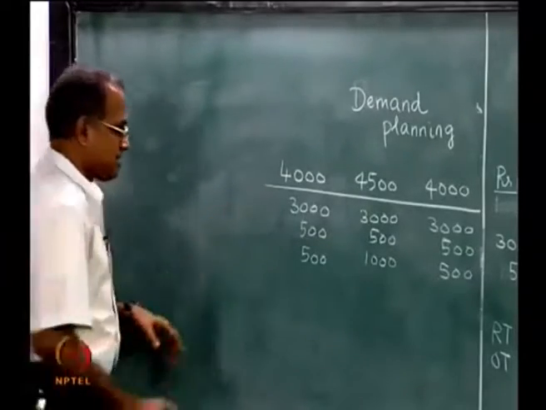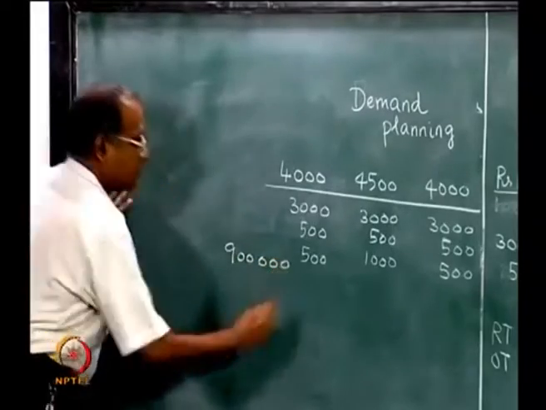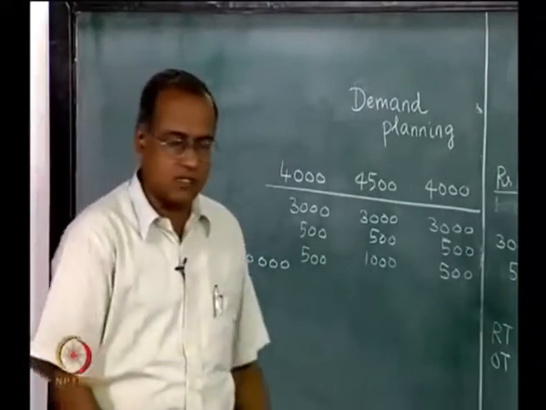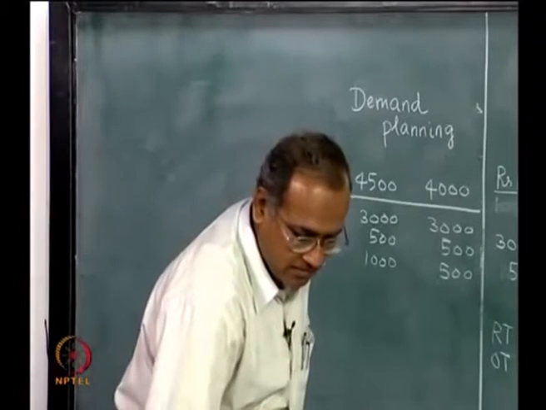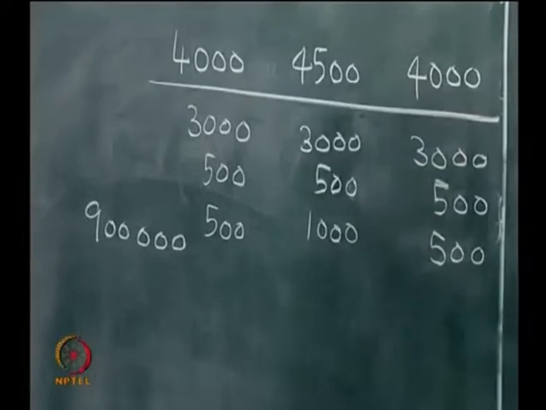So, total cost will be, regular time cost will be 900,000, total overtime cost will be 1,500 into 120, 180,000.